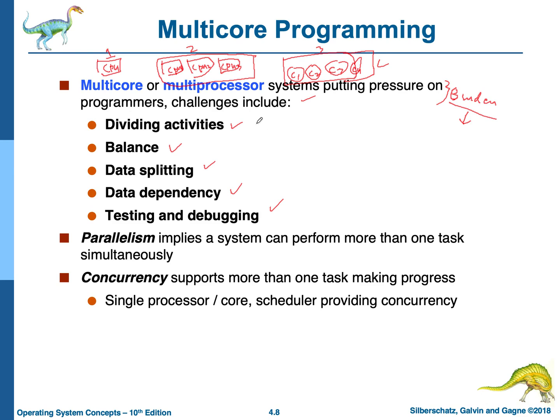What is dividing activities? If you have one task, how do you divide that task? Let's say this is task 1, and let's say T1 and T2. How do you divide this task into 2 threads so that each has equal work to perform?